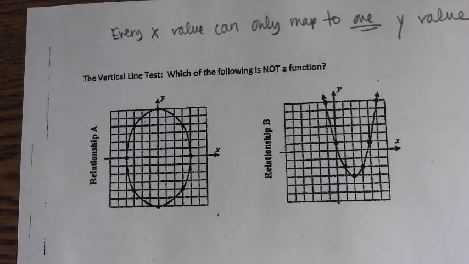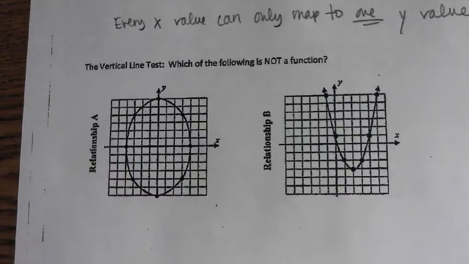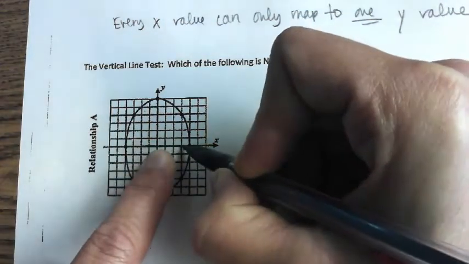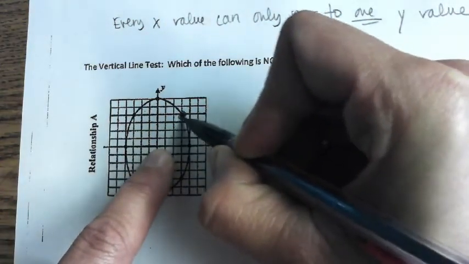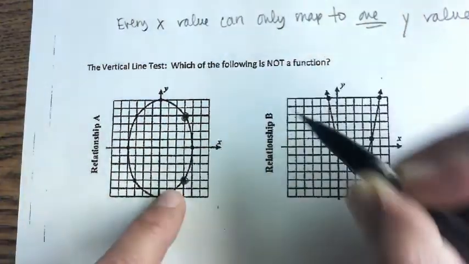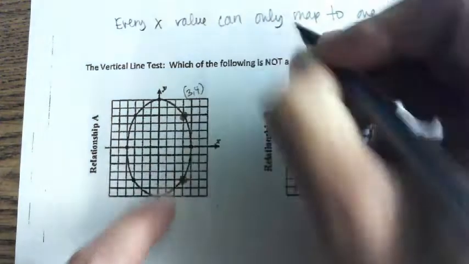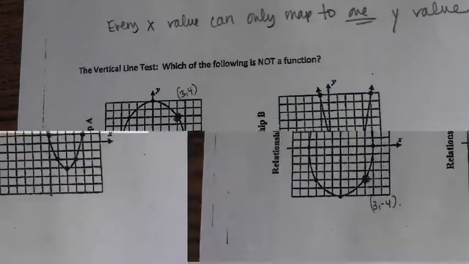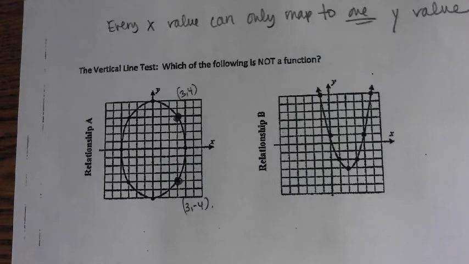In other words, if you have an x coordinate of 3, you can't have two potential y coordinates that pair with that. Like if you look at relationship A, which I think we all can see fails the vertical line test, at an x coordinate of 3, there are two places. We have 3, 4 as a point, and we have 3, -4 as a point. That's a big no-no for things to be a function.